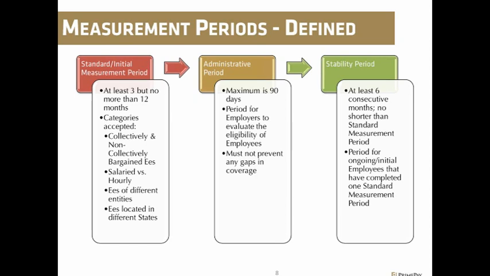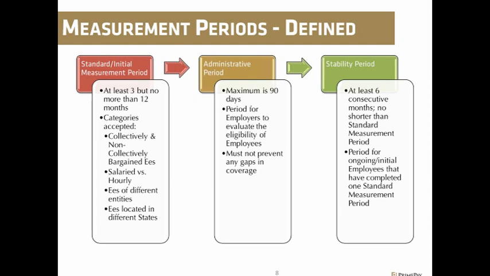And then that employee who was granted that coverage would be able to continue that coverage throughout the entire stability period, regardless of the hours worked during that stability period. So it's tough to frame a lot of words or adjectives around this period, but stability is, it works.